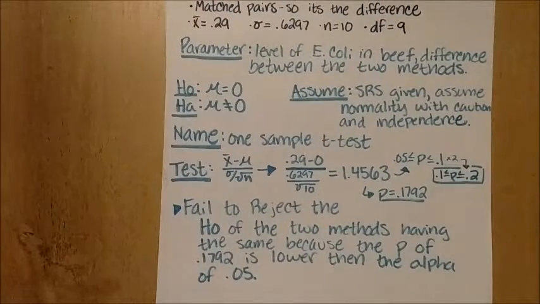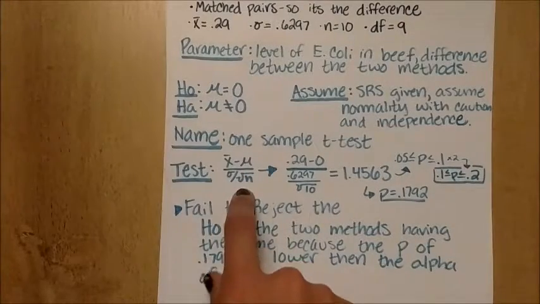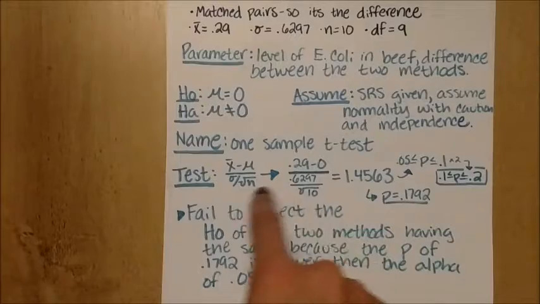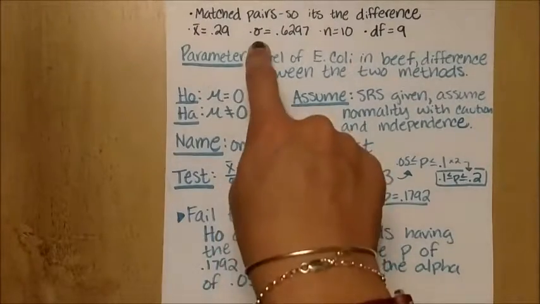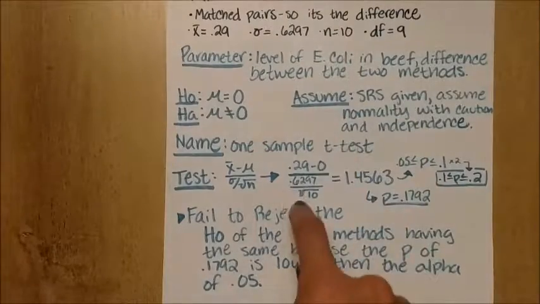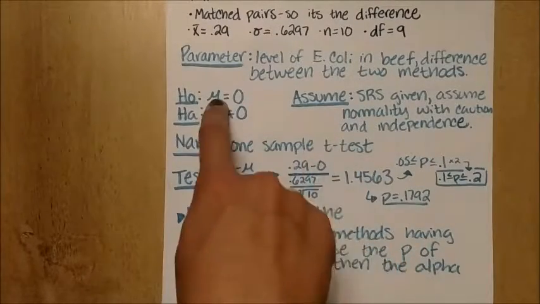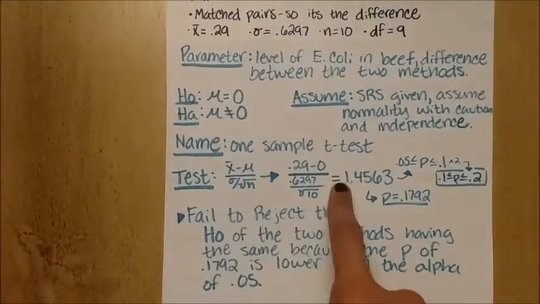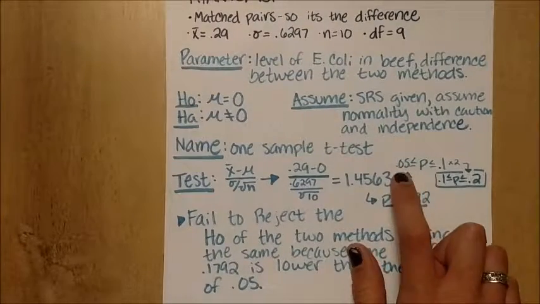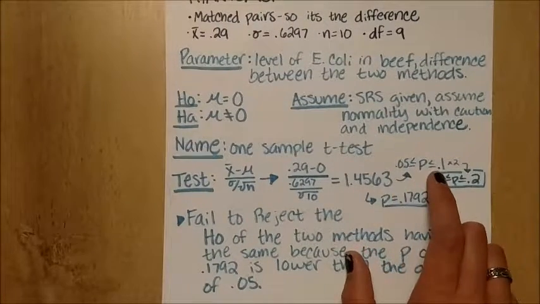Yikes, that's crooked. And this is your test statistic, the little equation that you would use, and you just plug it in. Your standard deviation and your mean were already given, and your n. So you just plug those in, and this is 0 because this equals 0. And then you get 1.4563, and then you go into your t table, and that gives you between 0.05 and 0.1.